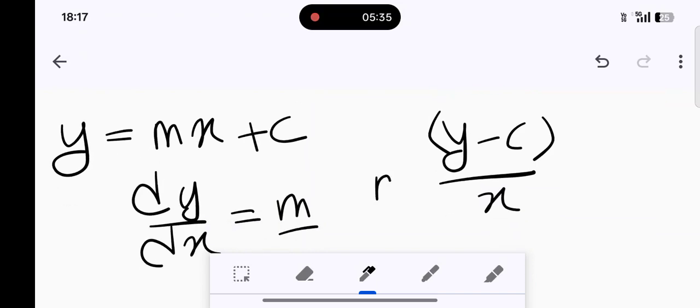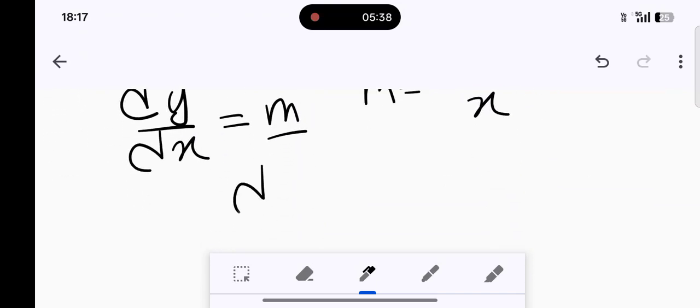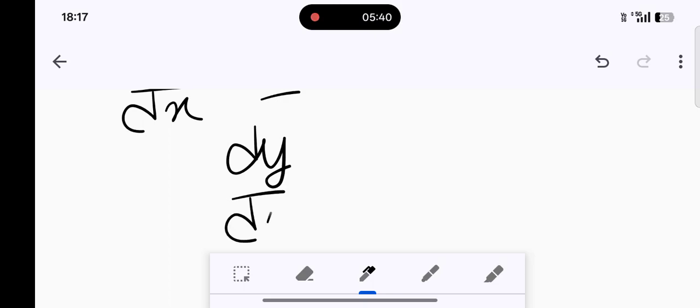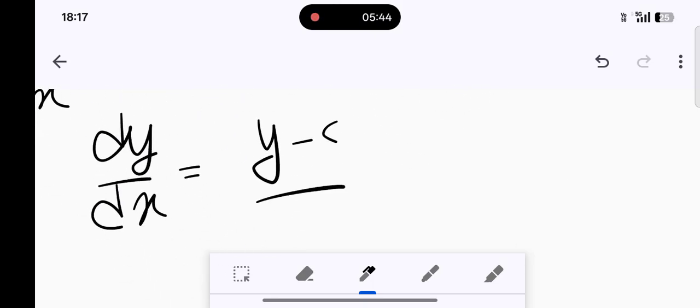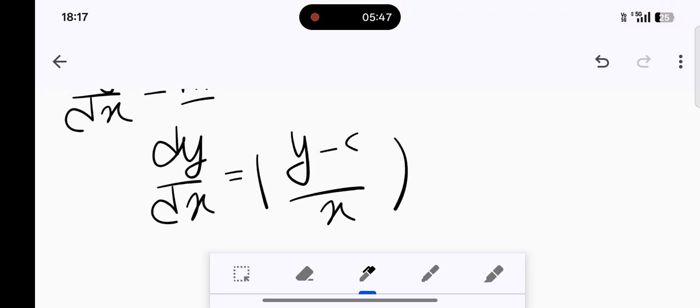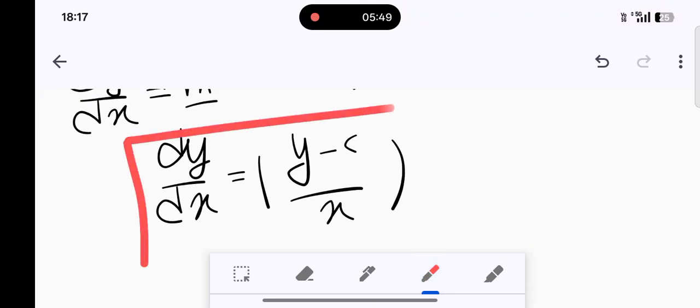So dy by dx equals y minus c divided by x, and this is the differential equation for a straight line.